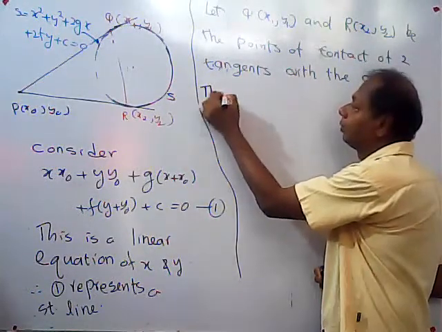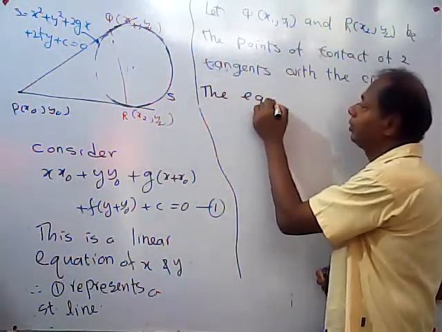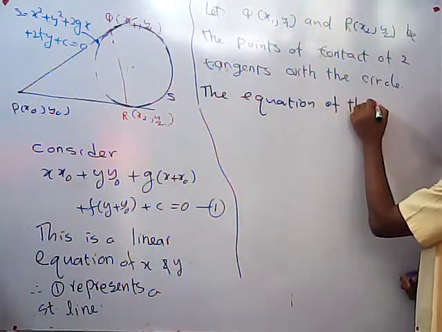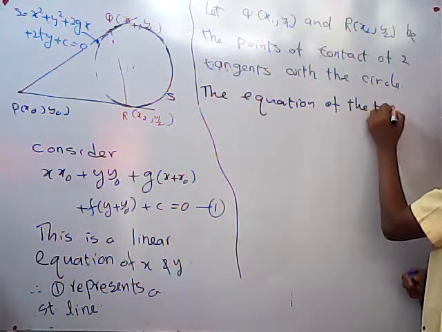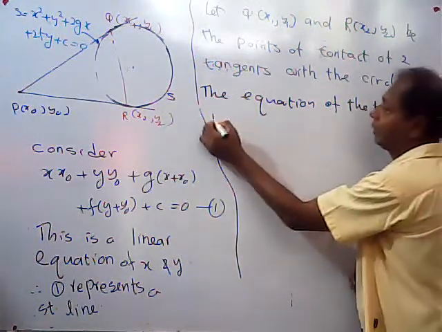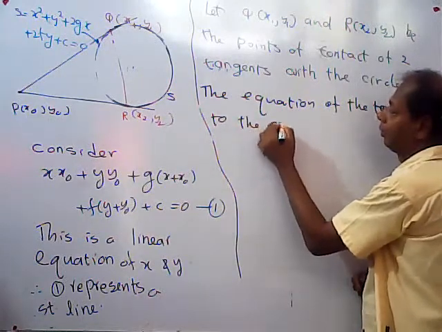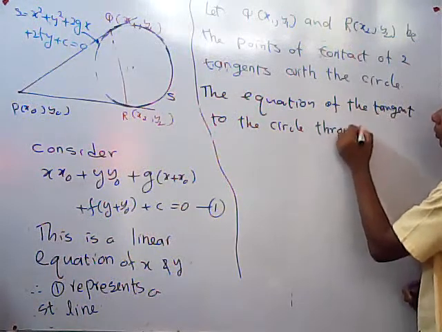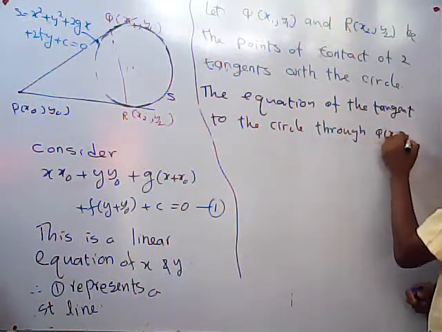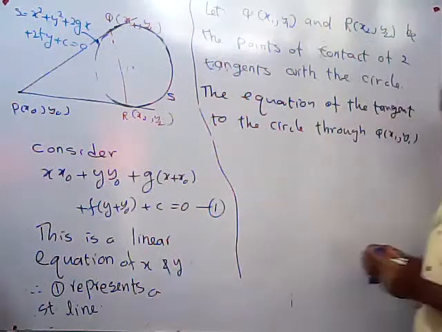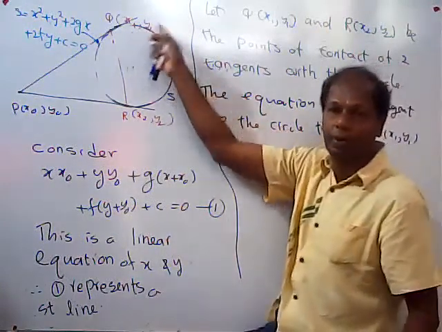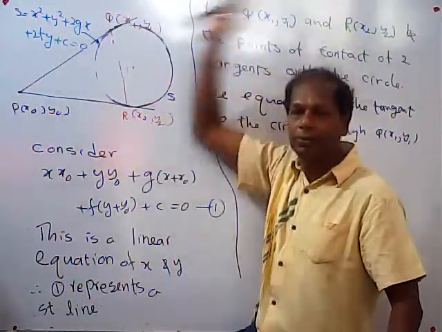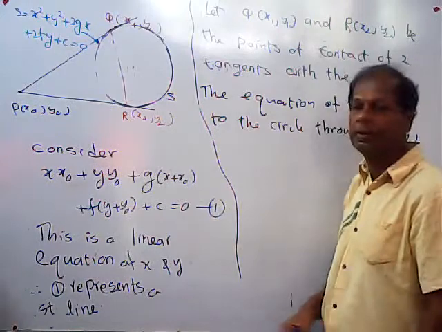The equation of the tangent to the circle through Q. We have the coordinates of the point x1, y1, and we have the equation of the circle. Last time we learned how to write down the equation of the tangent.